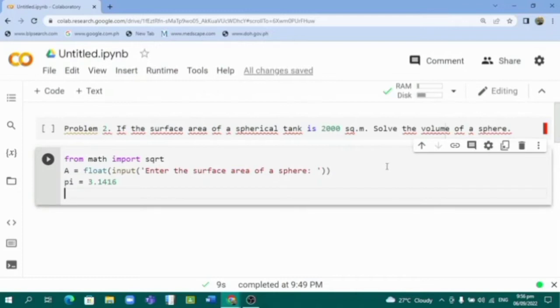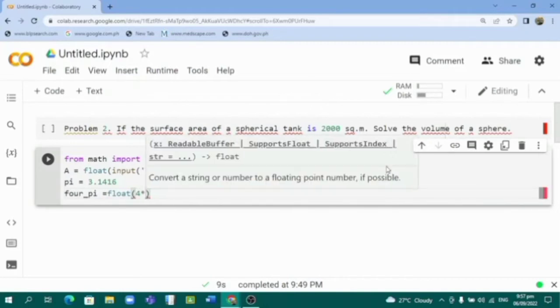In the fourth line, because the radius is not given, we're going to use the formula of surface area to get the radius. The formula of surface area is 4 pi r squared. So put here 4 pi is equal to float, close open parentheses, 4 asterisk sign, which represents multiplication, multiplied to the value of pi.